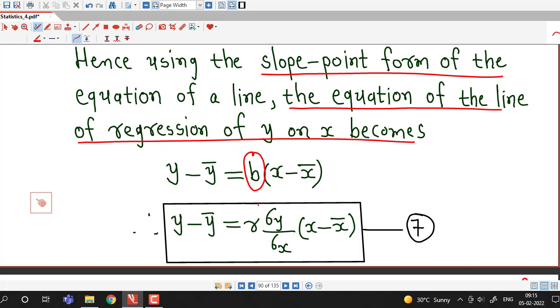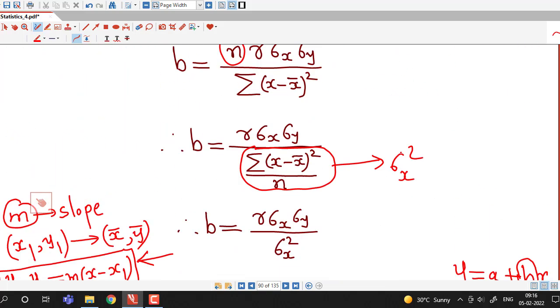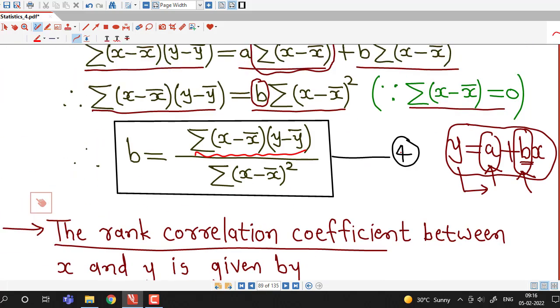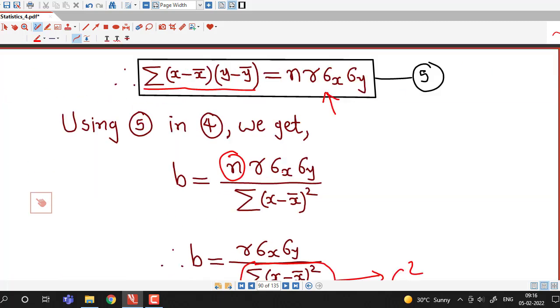So we obtain another form for the regression equation of y on x, or for the line of regression of y on x. So if we know all these values, r, the coefficient of correlation, standard deviation of x, standard deviation of y, then we can use this formula, or we can use this formula to obtain the value of b equal to sigma x minus x bar times y minus y bar divided by sigma x minus x bar whole square.